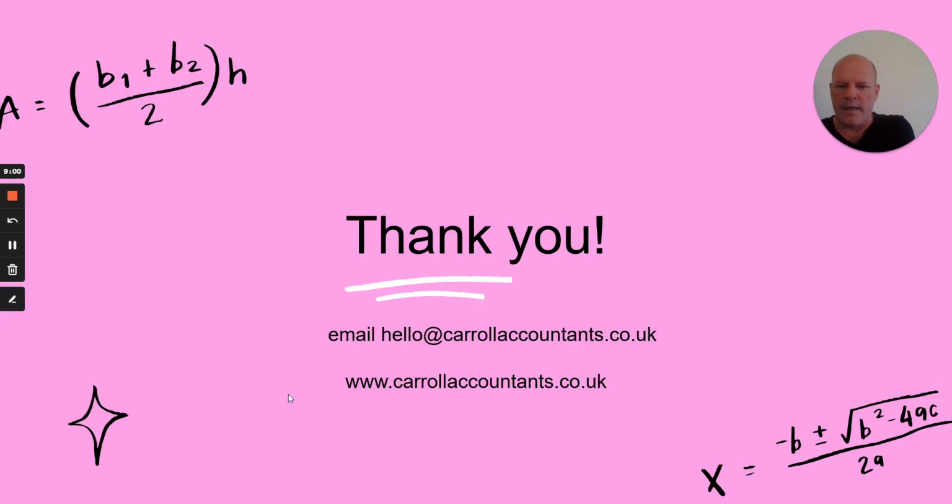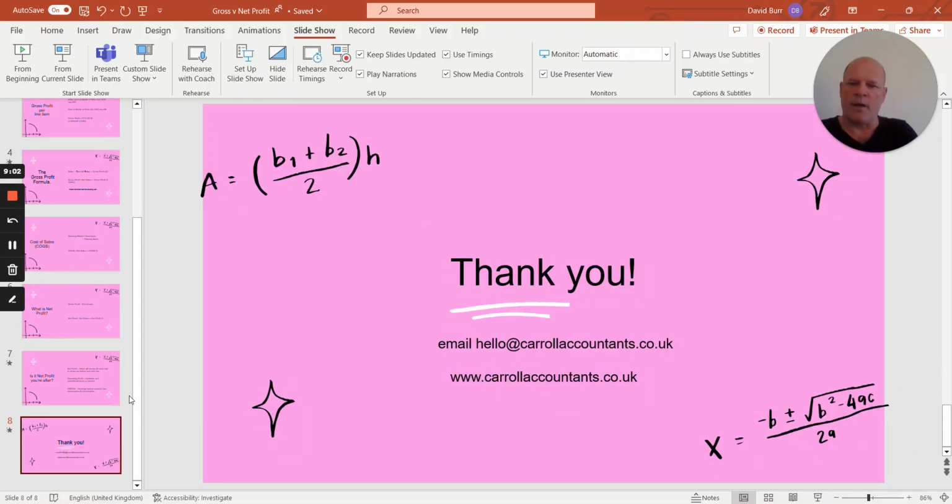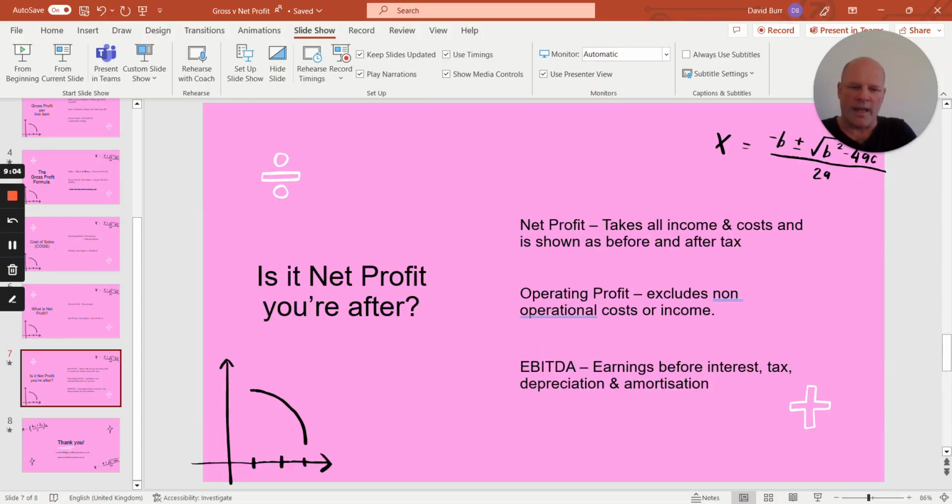EBITDA stands for earnings before interest, tax, depreciation, and amortization. So if you've ever heard that mentioned before, EBITDA, the banks quite often refer to this. It's earnings before interest, tax, depreciation and amortization. Amortization is just a different version of depreciation.